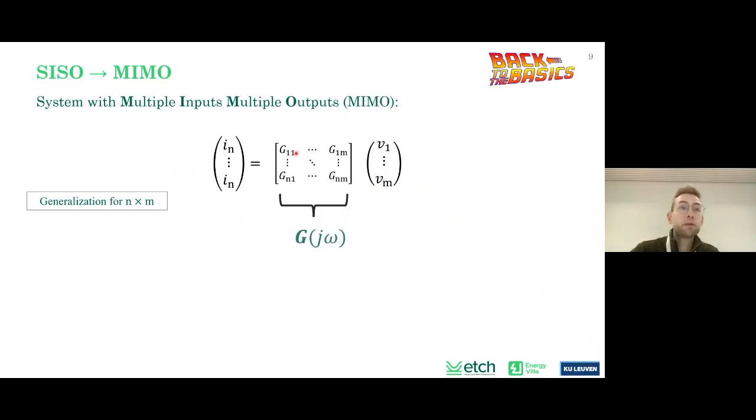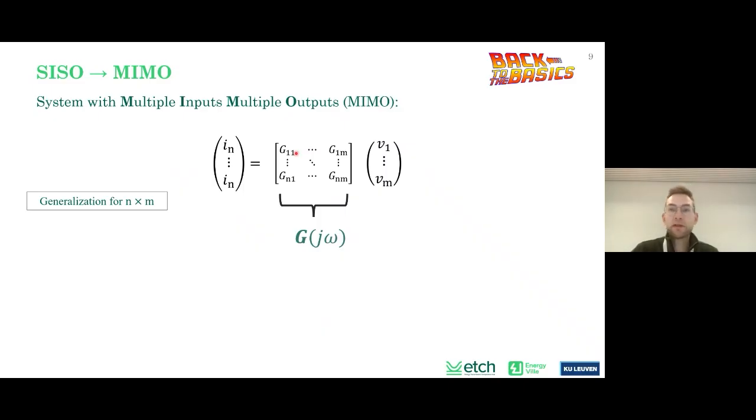The inputs denoted here as M, and the outputs denoted here as N. And then you get a transfer matrix, N times M, which describes the input-output behavior of a multiple input, multiple output system.